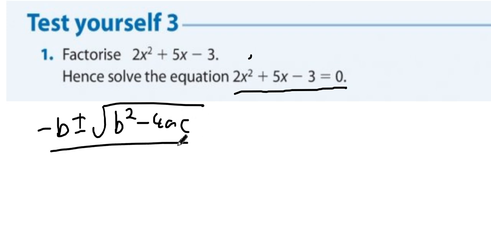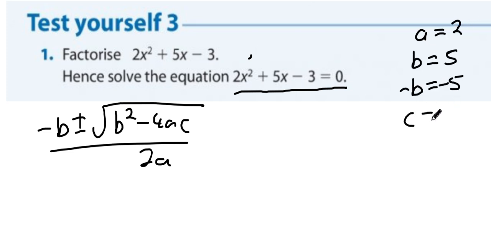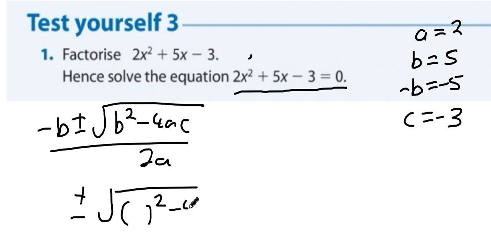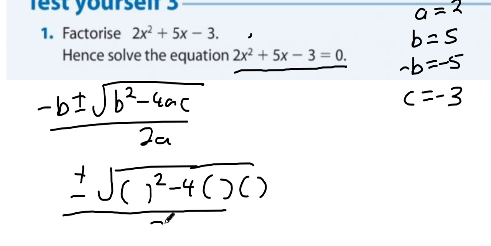Now I want you to make your a, b, and c values here. What's a? b? Minus b? c? I want you to put it into the calculator and tell me your two answers. All right.